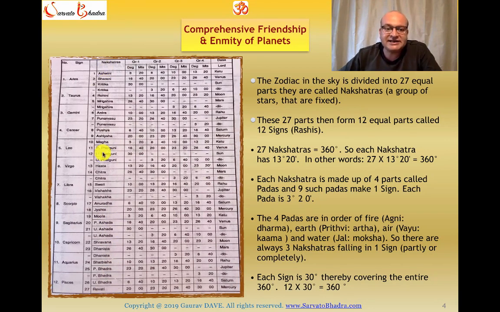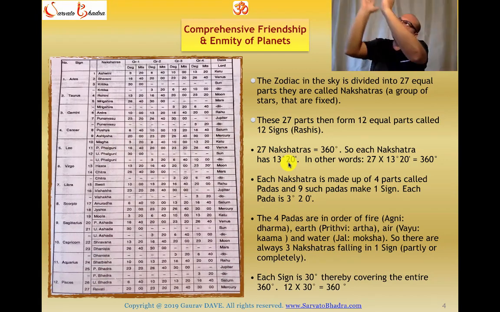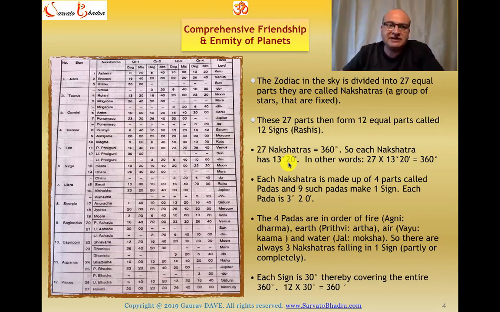These are the 27 nakshatras. Each has a span of 13 degrees and 20 minutes. We have 360 degrees around us, and one section of 13 degrees 20 minutes belongs to each of these nakshatras, and they are 27 in number.